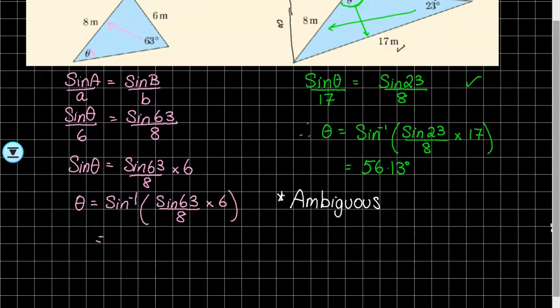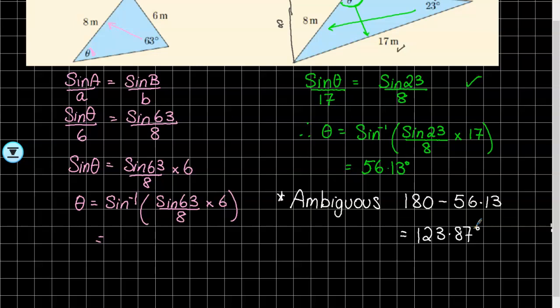You could just do it on your calculator. You go 180, take the answer that you just discovered, which is 56.13. And we get an answer of 123 point. Please listen.